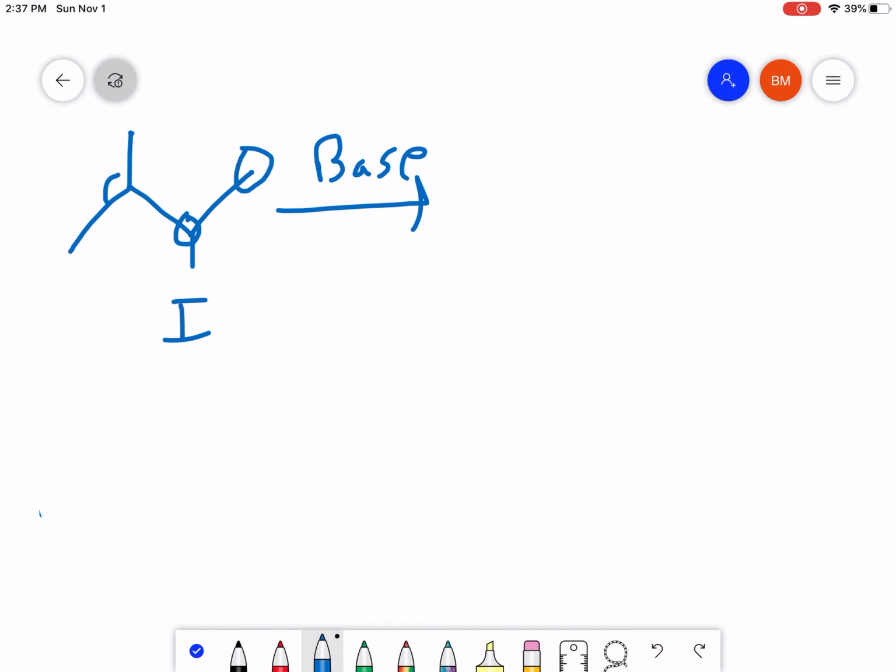There's one, and there's one. Make sure those beta carbons have at least 1 hydrogen, which they do. So that means you can get substitutions between those 2 carbons and those 2 carbons. So those are your products.